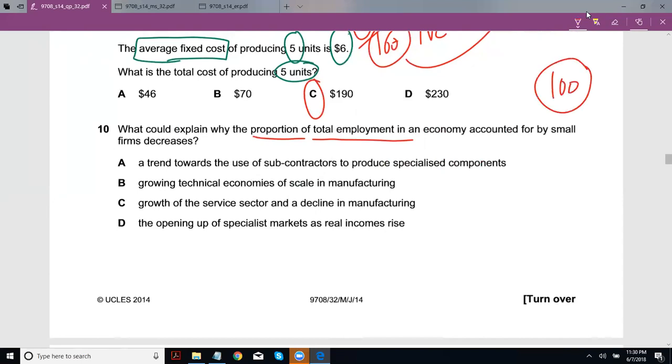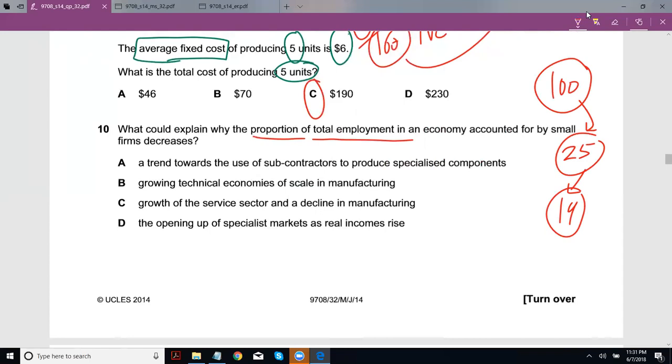Previously, small firms used to employ, say, 25 of them. Now only 19 people are employed by small firms. So it's like asking why small firms are either decreasing their output, or why small firms are being driven out of the market. Because if you have fewer small firms, it's likely that they employ a smaller proportion of total employment.